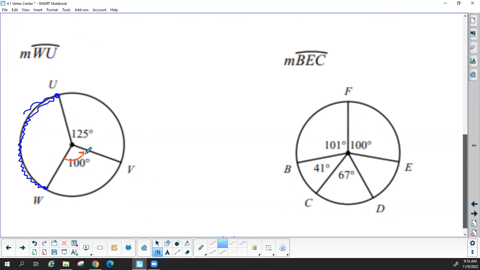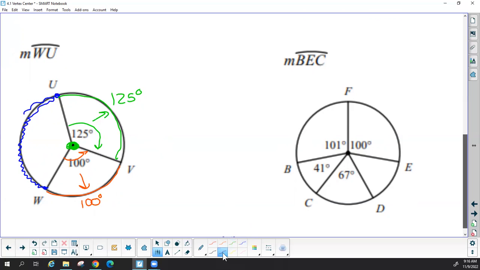This central angle makes this arc, and so this one should be 100 because they should be the same. This central angle makes this arc, and so this one's 125 because they should be the same, because they're central angles at the vertex.